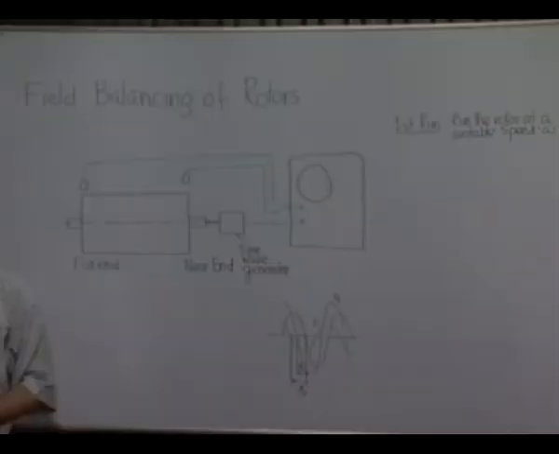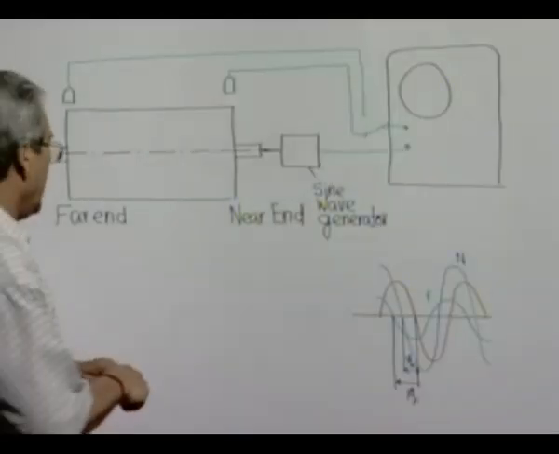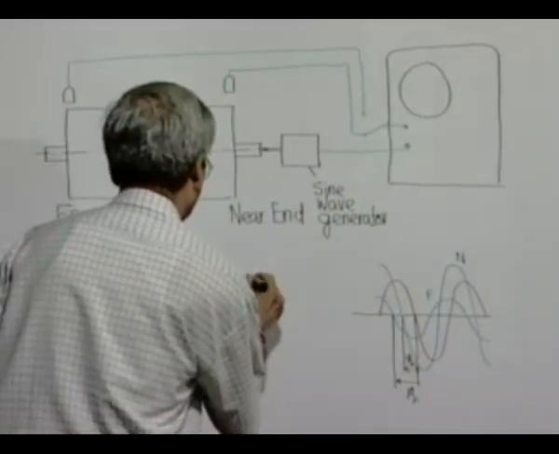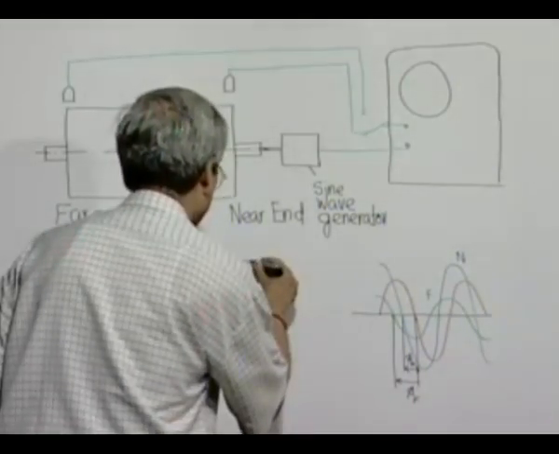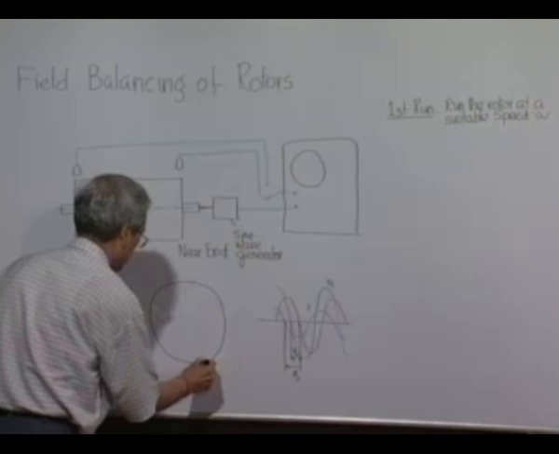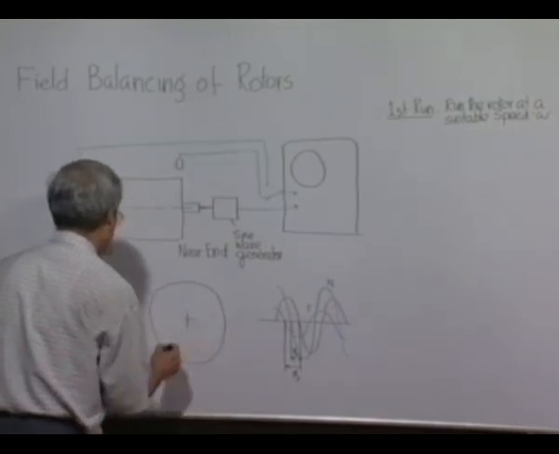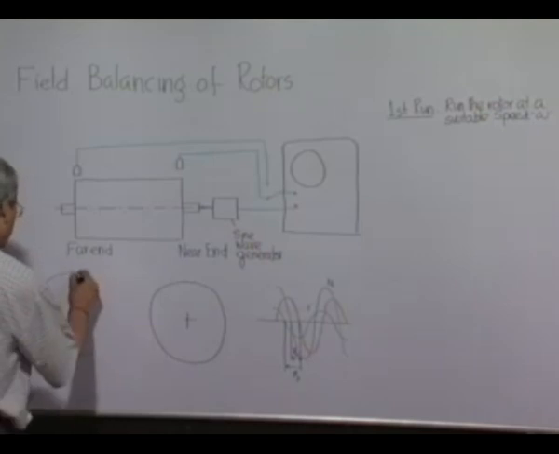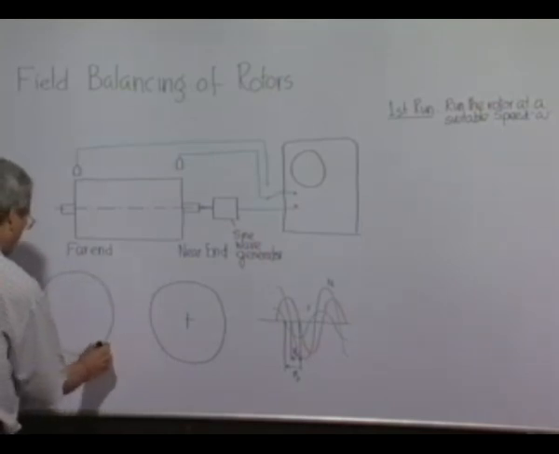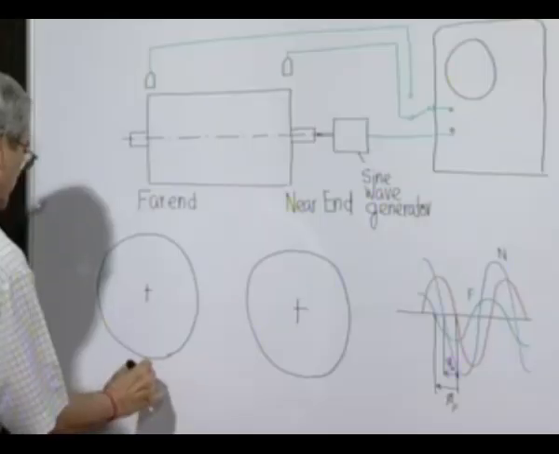Next, we stop the machine and let us see the near end and far end phases. This is the near end phase, this is the far end phase.